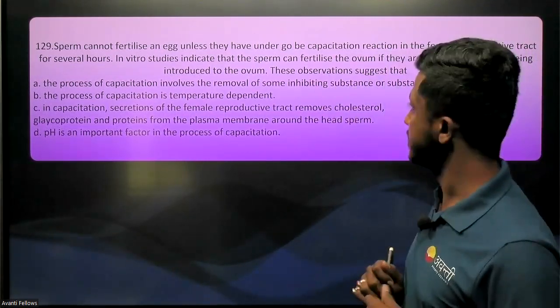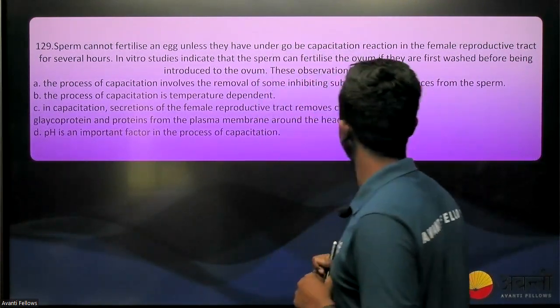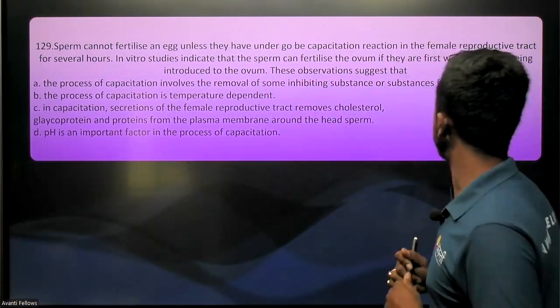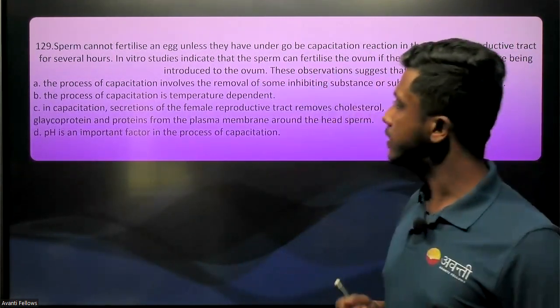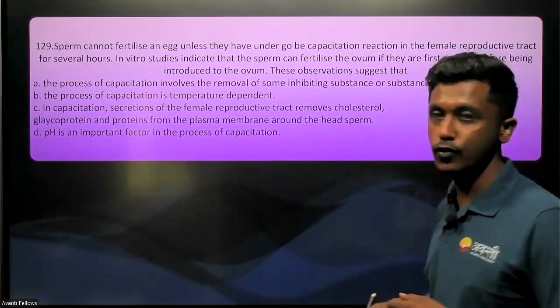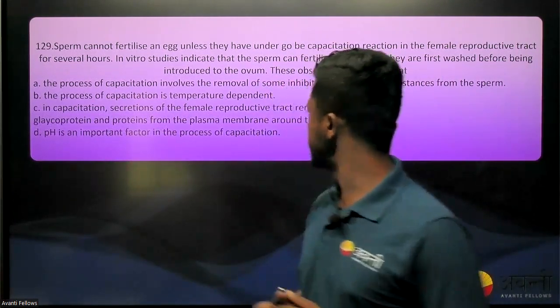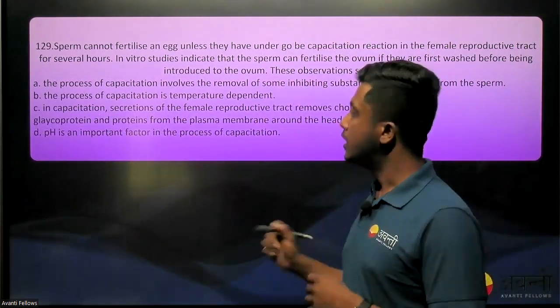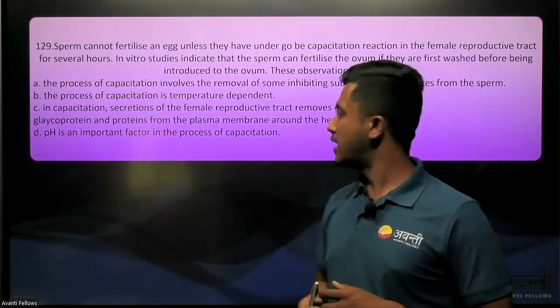Now, these observations suggest that the process of capacitation involves the removal of some inhibiting substances from the sperm. The process of capacitation is temperature dependent. In capacitation, secretions of the female reproductive tract remove cholesterol, glycoprotein, and proteins from the plasma membrane around the head of the sperm. Next one is pH is an important factor in capacitation.